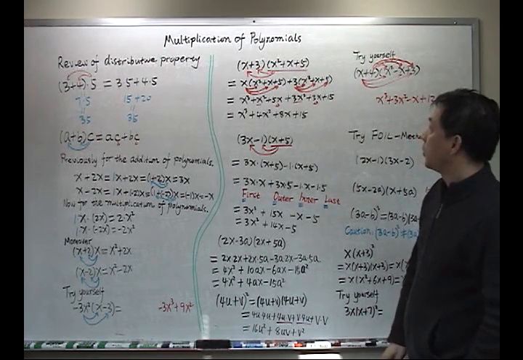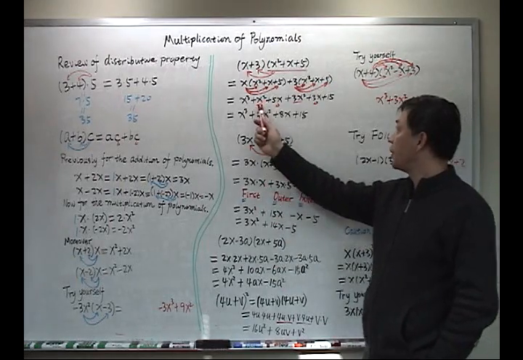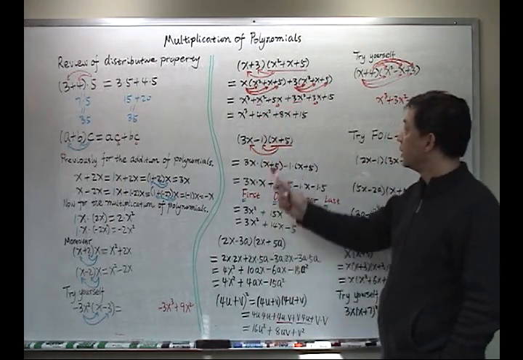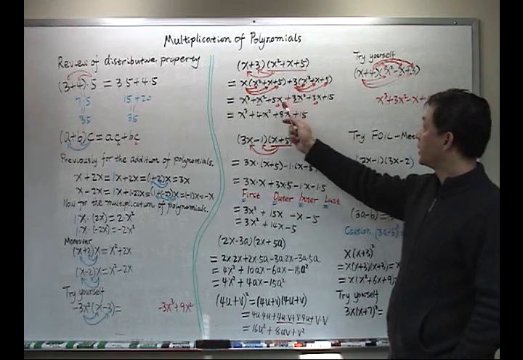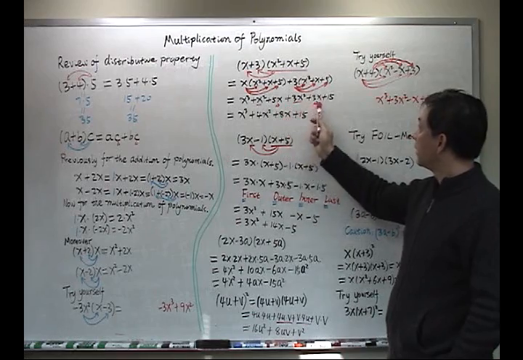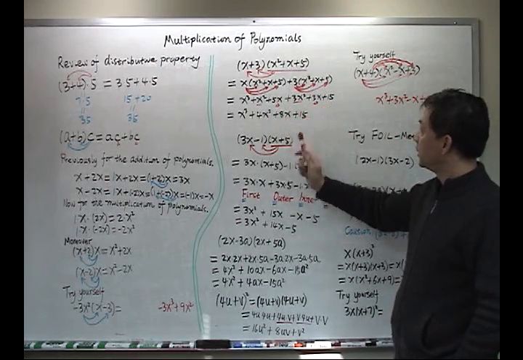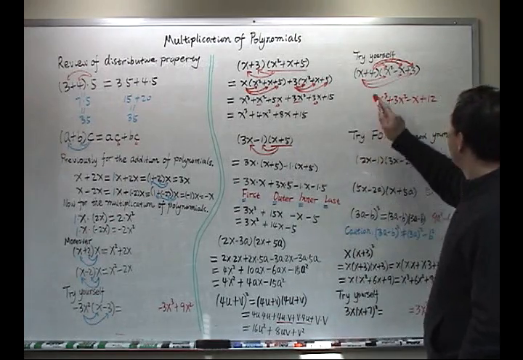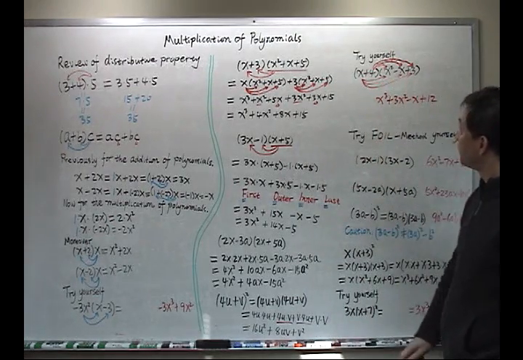Now it's time to combine like terms. x squared plus 3x squared is 4x squared. 5x plus 3x, 3 plus 5 is 8, keep x. And then copy 15 down here. Okay? So you got to try this one yourself.